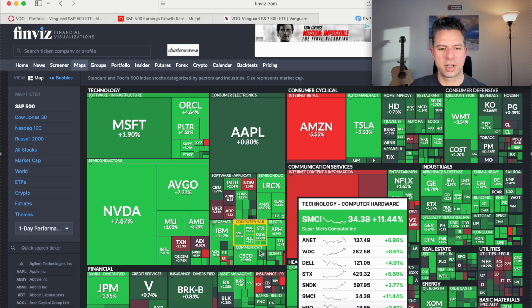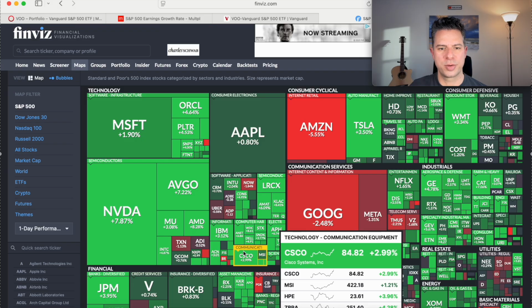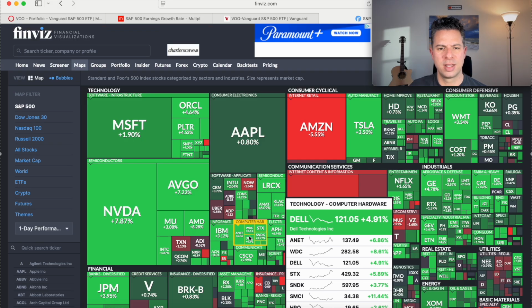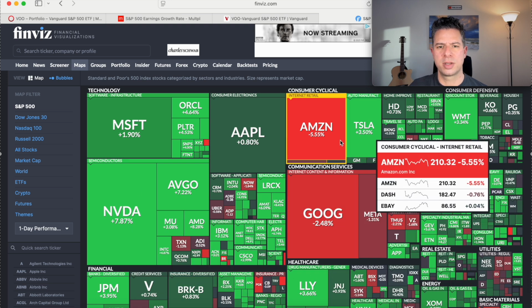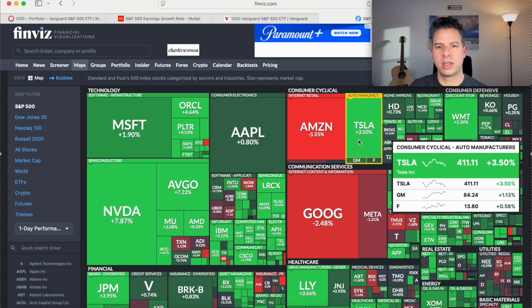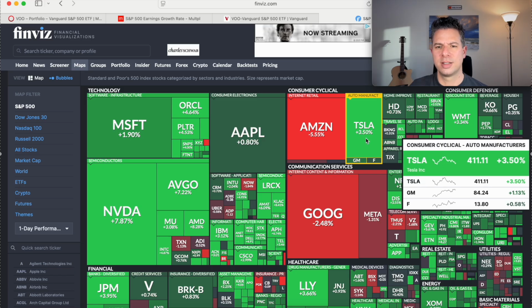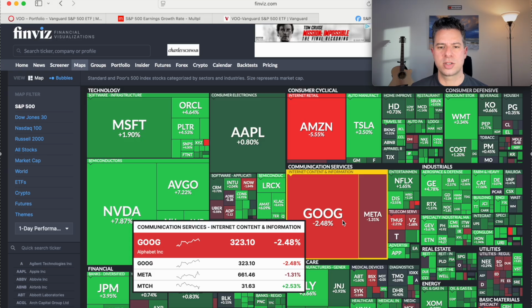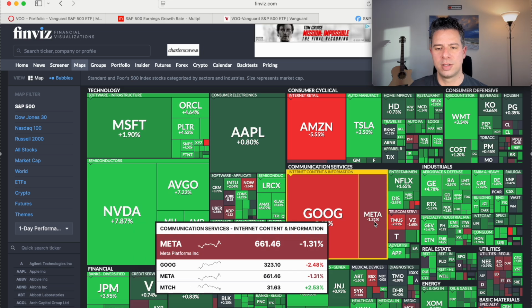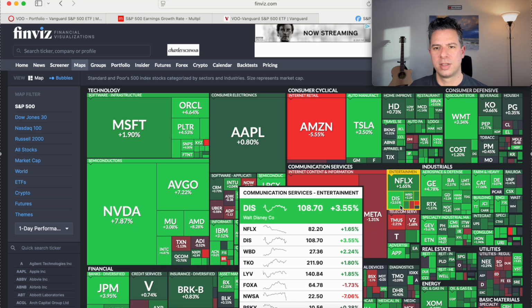You can see all these different companies, Cisco, squares get smaller, IBM. So that's the technology sector. Consumer cyclical, you can see Amazon, Tesla, pretty large part of it. Down here, communication services, Google, obviously a large part, I think almost 6% of the index now. Meta, a little bit smaller.